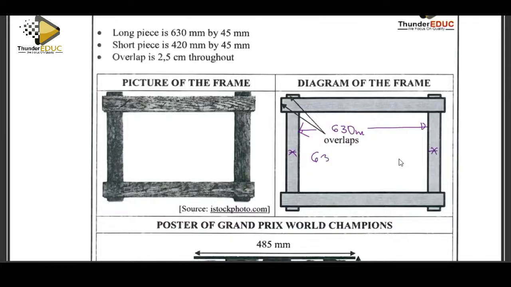Anyway, it will be 630 minus this width here, which is 45, which is 90, minus the overlaps, which are 50 also. So here the answer becomes 490 millimeters. This is the length, the inner, because we needed to remove this space here, and we add on again the overlaps.